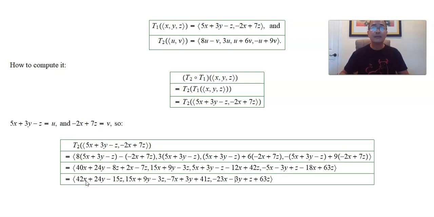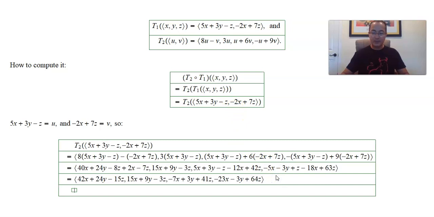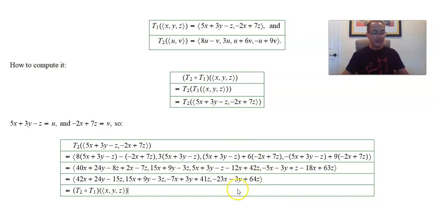Minus 3y by itself, z plus 63z, that is 64z. Okay, so that is the composition, T2 composed T1 of x, y, z. So let's put that aside. Final answer.